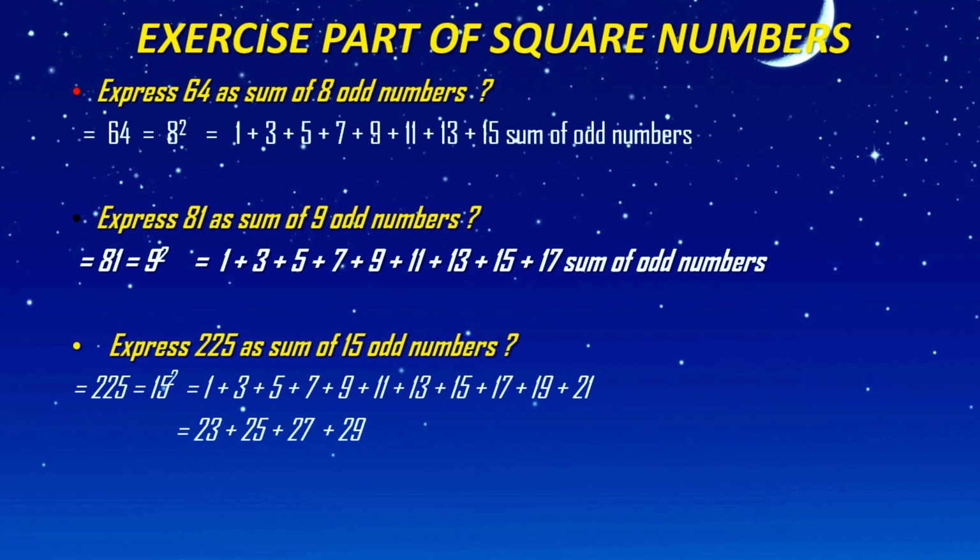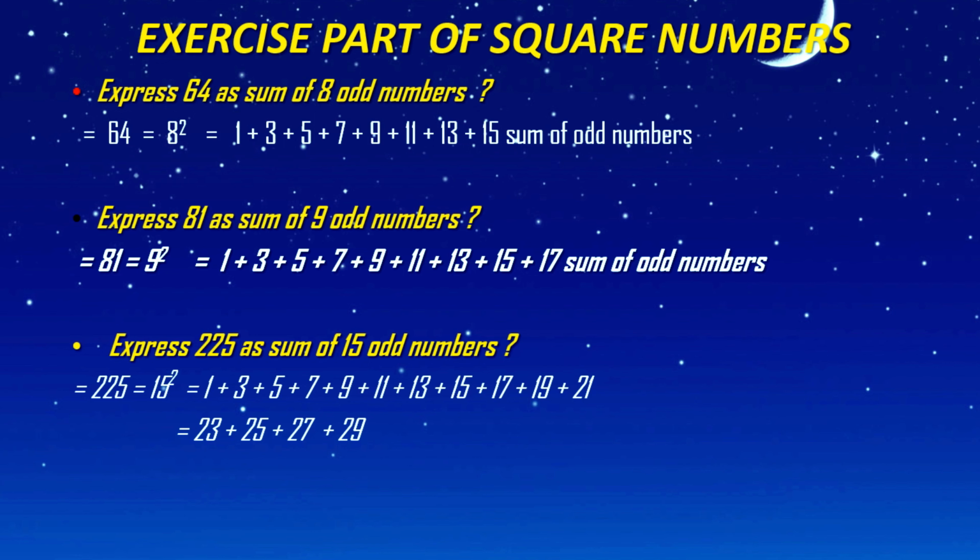Let's see the second example. Express 81 as a sum of 9 odd numbers. In the first example we had 8 odd numbers, in the second example 9 odd numbers to get 81. Let's see the solution. We should count only odd numbers whenever this question comes. 1 plus 3 plus 5 plus 7 plus 9 plus 11 plus 13 plus 15 plus 17.